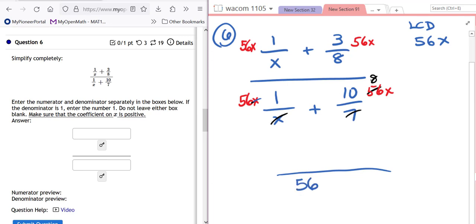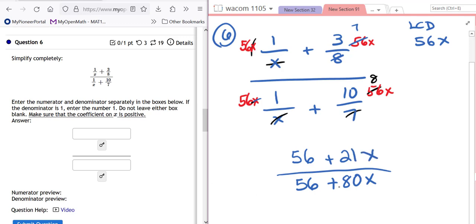And this one I have 10 times 8 is 80x. All right, this one, the x will go out. So 56 times 1 is 56. And this one, 8 will go into 56 7 times. 7 times 3 times x is 21x.